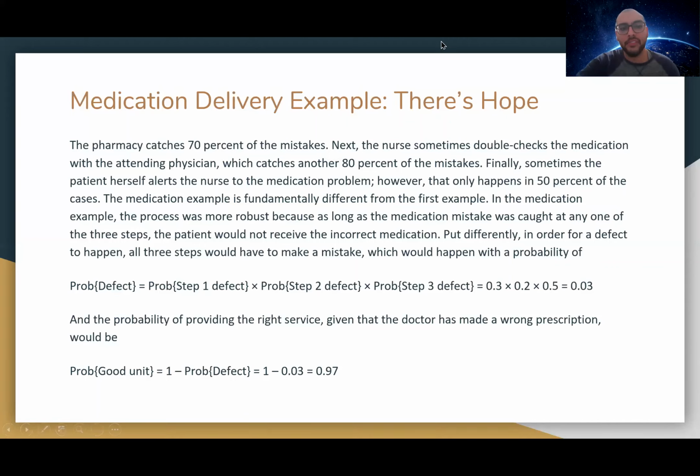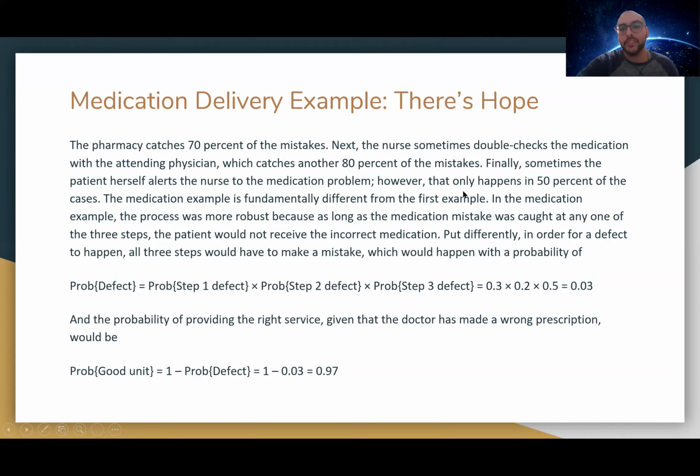And the example we have here says the pharmacy catches 70% of the mistakes that a doctor might make while writing a prescription. Next, the nurse sometimes double checks the medication with the attending physician, which catches another 80% of the mistakes. Finally, sometimes the patient herself alerts the nurse to the medication problem.